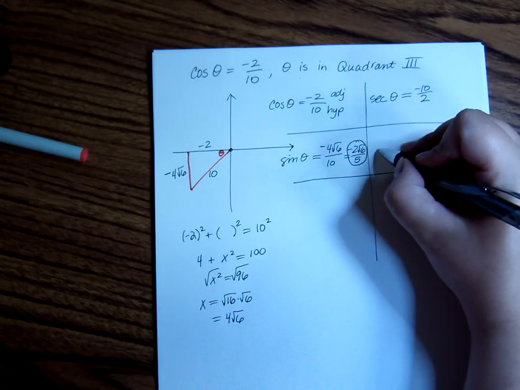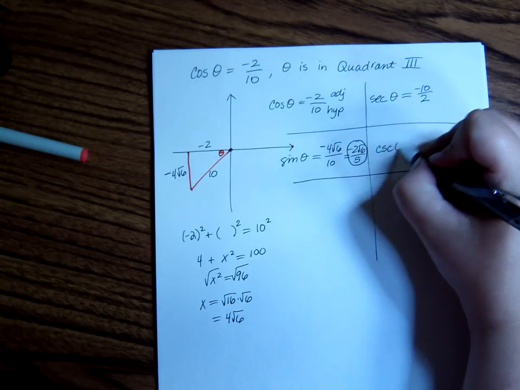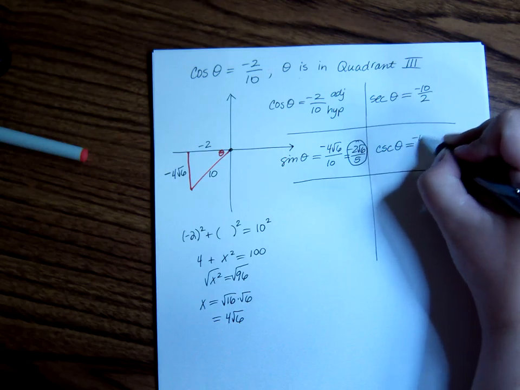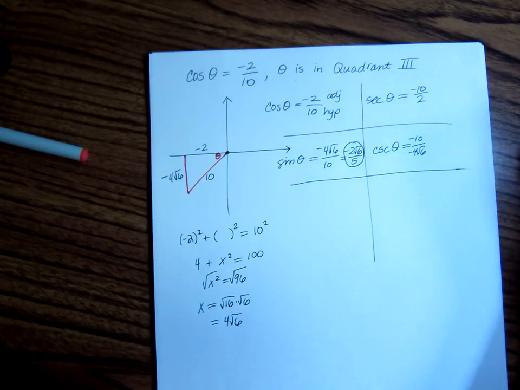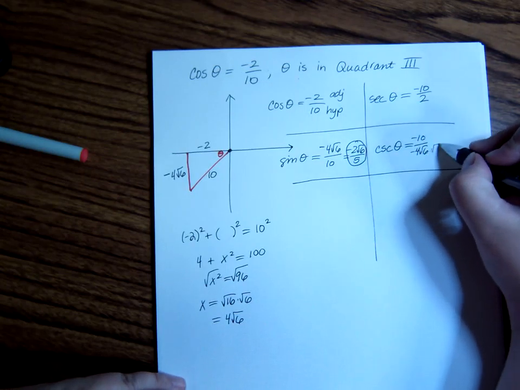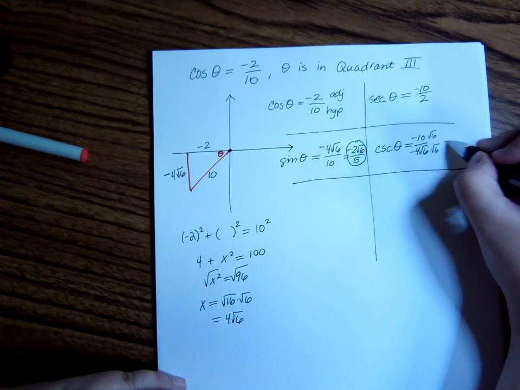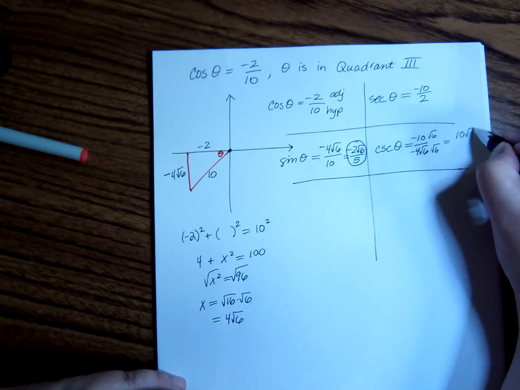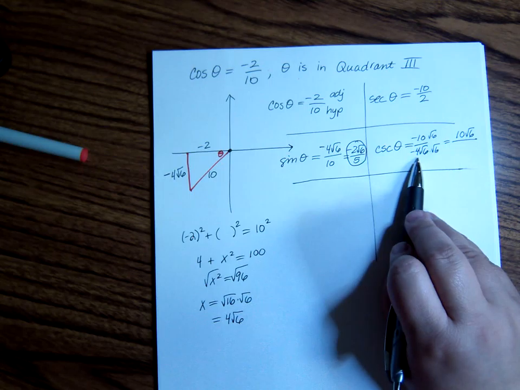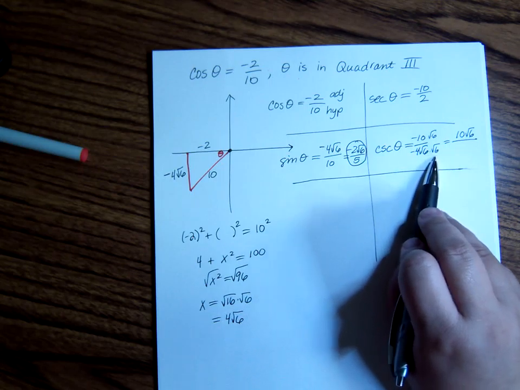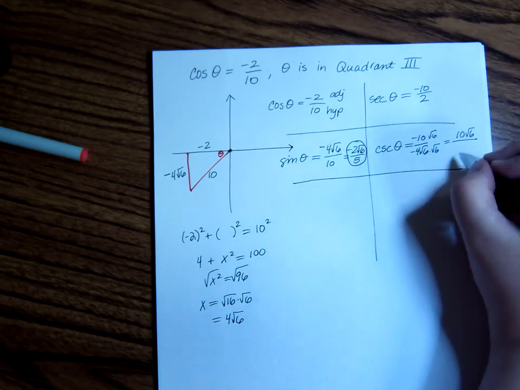Okay, now cosecant goes with sine. That's going to be -10/-4√6. So I need to multiply both on top and on bottom by square root of 6. That gives me 10√6 over, right here this is -4 times square root of 6 times square root of 6 is just 6. So that's 4 times 6 is 24.